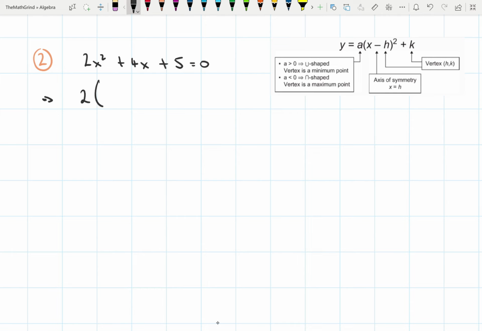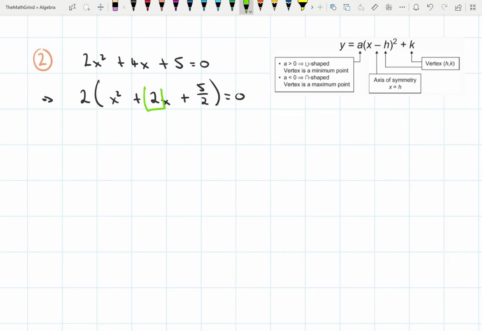So I'm going to take 2 out, and that'll leave me with x squared plus 2x plus 5 over 2 is equal to 0. So now you can see I've got a nice 1x squared, and that allows me to jump ahead into the same 3 steps that I did above.